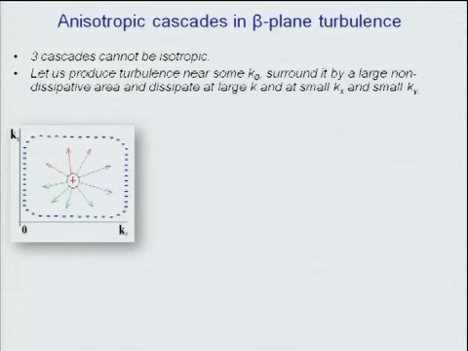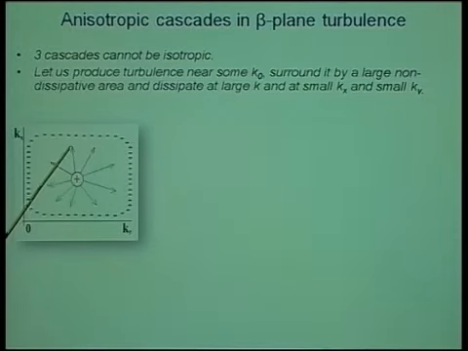So let's now repeat Fjortoft's argument in this idealized setting, a kind of classical Kolmogorov-like setting. But now it's an isotropic setting. I have in Fourier space, I create turbulence around some scale that I mark with plus, and then I dissipate it somewhere very far away from that scale, in all directions.